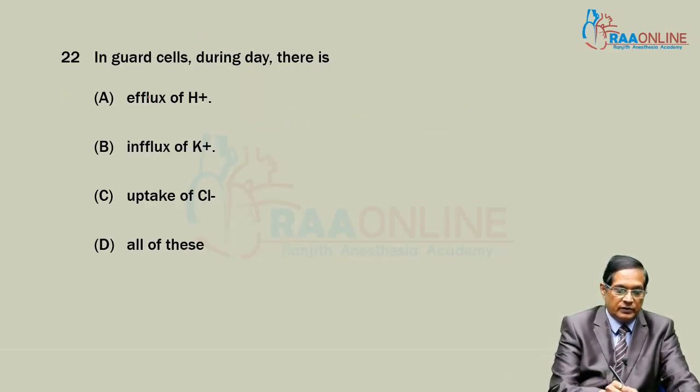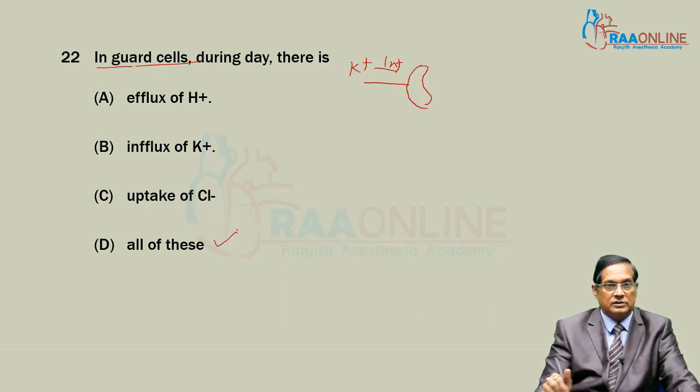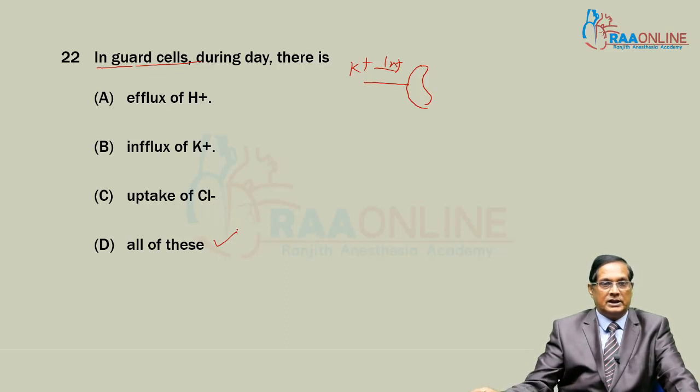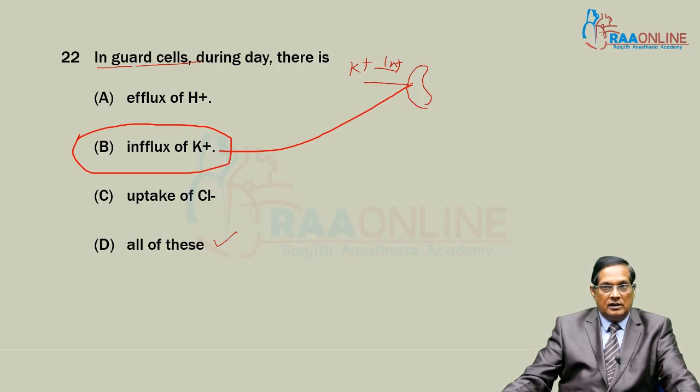Guard cells during day, let's check. During day, if transpiration is taking place, in that case there is influx of potassium, the prime requirement. Potassium should be within the guard cell. And second, uptake of chloride ions is also there. But the main one is potassium, that is influx of potassium in the guard cell. When potassium enters the guard cell, it combines with malate to form potassium malate.